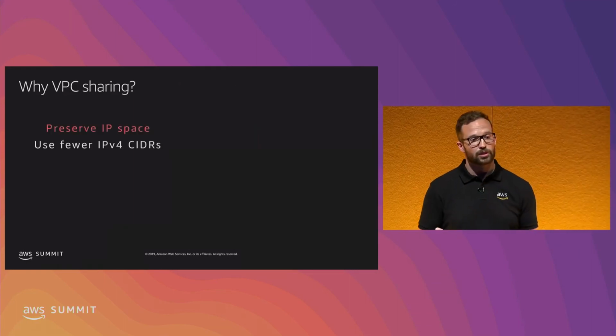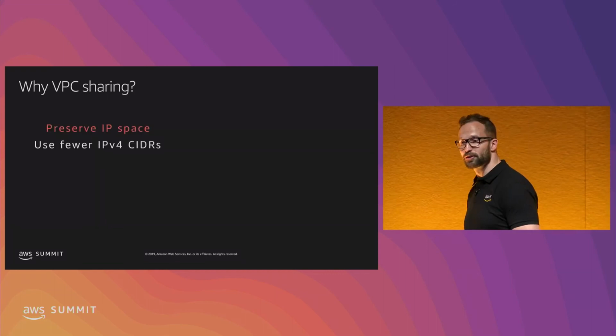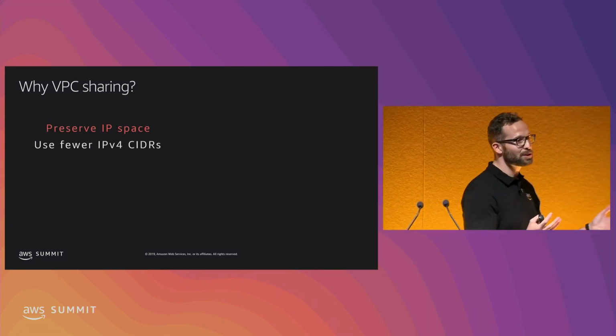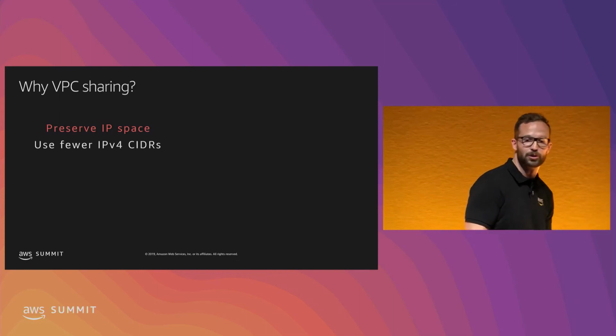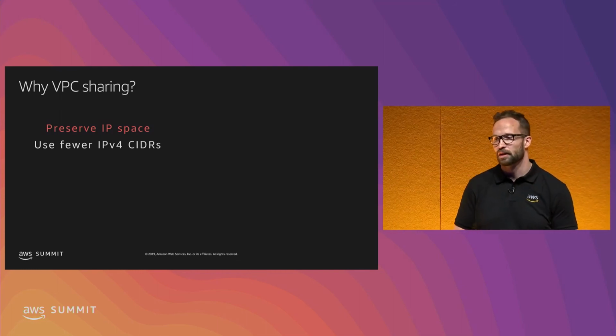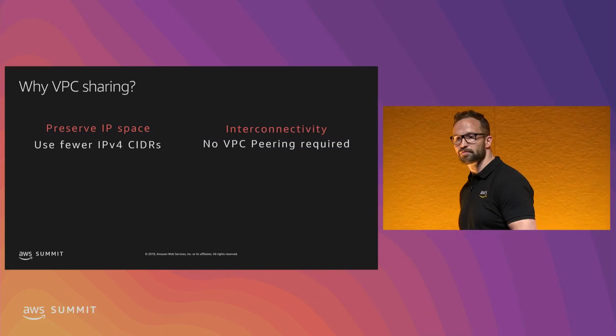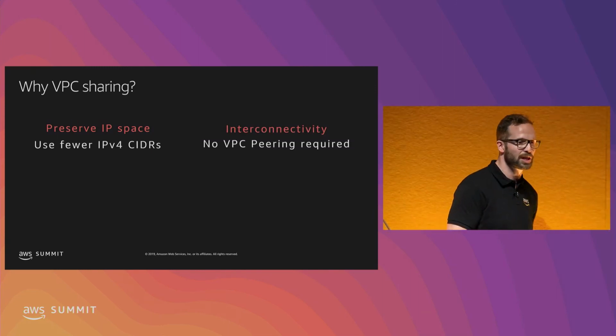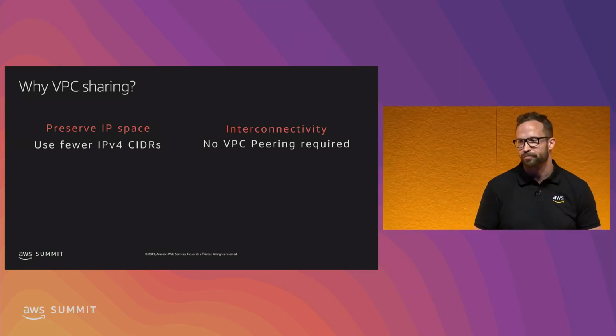So why would you use VPC sharing? First of all, you can save on your IPv4 addresses. If you're running out of IPv4 addresses, you can create one bigger VPC and put more resources into it, and you're going to utilize your addresses more efficiently. And if you have fewer VPCs, it actually means less interconnectivity. You won't have to create as many peerings or transit gateway connections or connections back to on-premise.